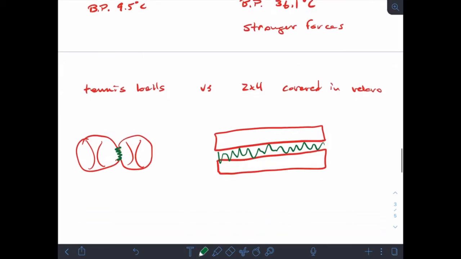And this is the idea between the branched C5H12 versus the long straight C5H12. So these will be harder to separate than the tennis balls will. So that's the analogy to equate how shape can affect the strength of intermolecular forces, of dispersion forces.